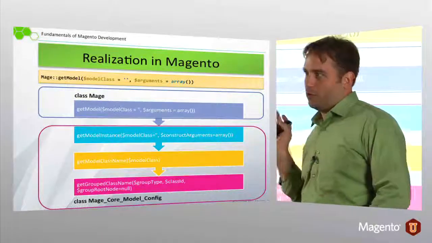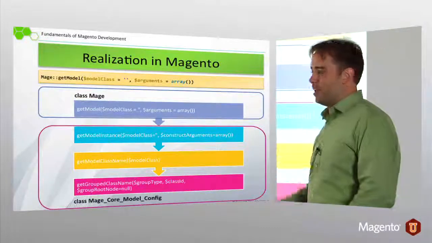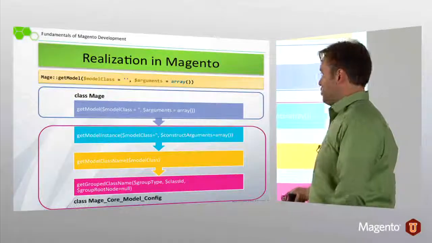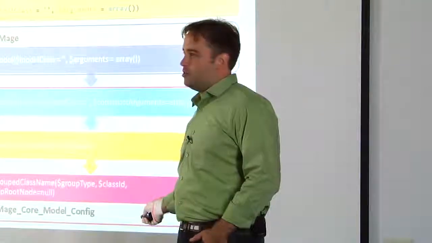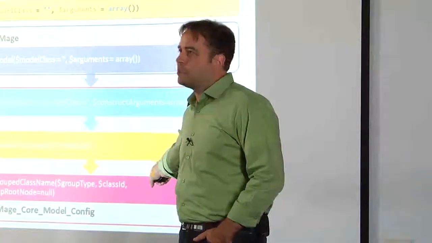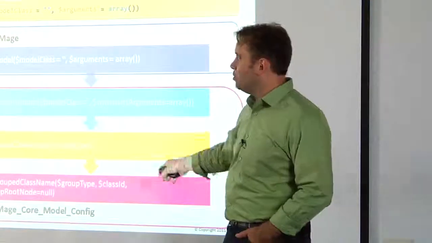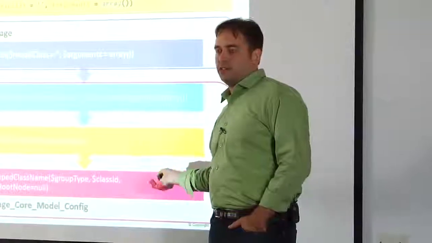I always struggled with what to call it: short names, class prefix, what? It's class group in Magento. Again, we actually added this line in here, Mage core model config. This is where you can see this happening. Class Mage actually dips down into the configuration model. This is a perfect example of what I was saying about how Magento interfaces with that configuration.